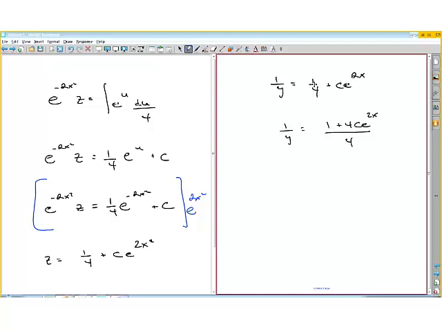Found a common denominator of 4. So if I multiply both the numerator and the denominator by 4, this becomes 1, which cancels. Okay, so now you can just take the reciprocal, and so you get 4 divided by 1 plus 4c e to the 2x squared, and because that 4 times c always comes out through the initial condition, I can just rewrite that as just c to make it simpler. Kind of looks like the logistic growth equation to some extent.